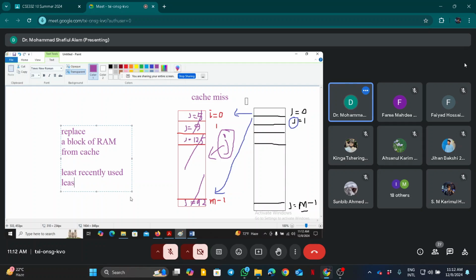Another is least frequently used. So you look at the names of these algorithms. One says least recently used, another is least frequently used.